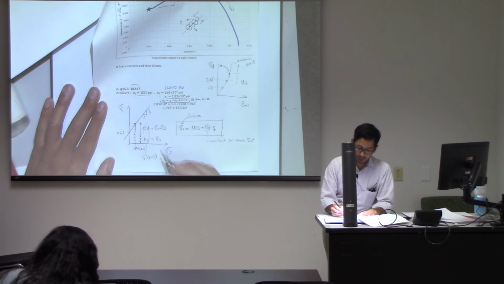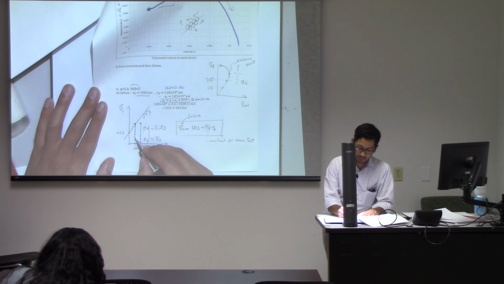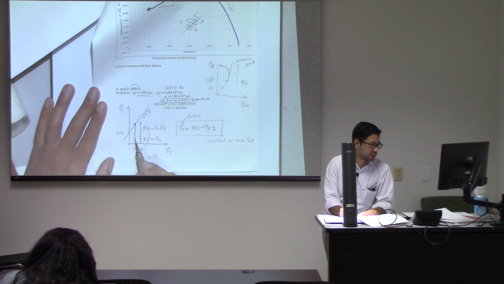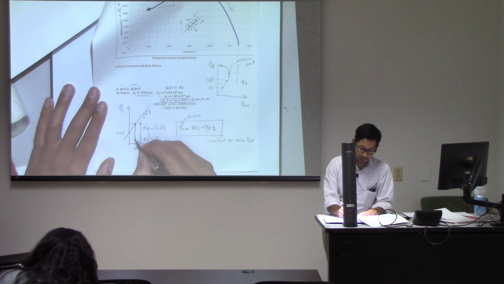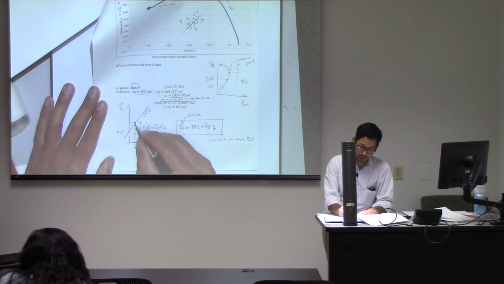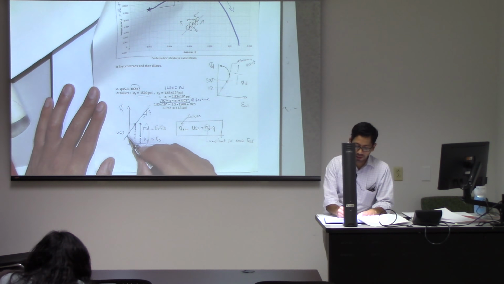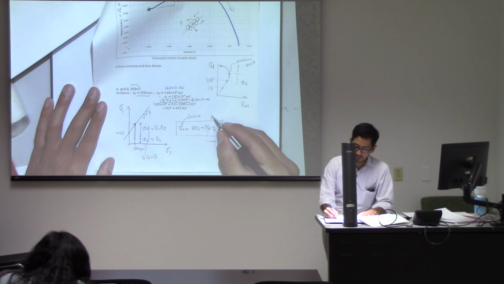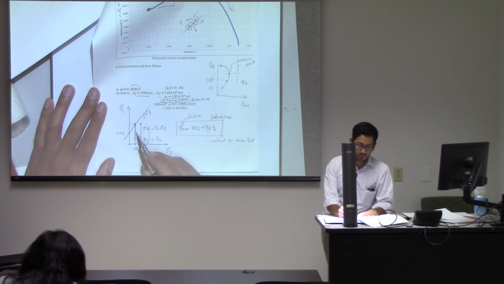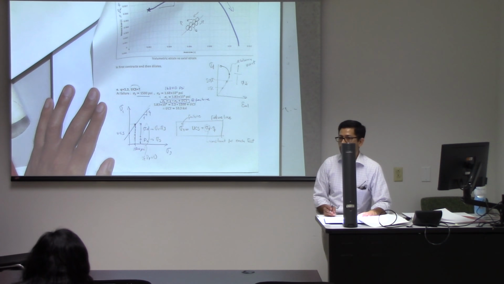Actually, you'll start over there because sigma 1 has to be equal to sigma 3. And you increase till you get to the failure point. That's your failure point. This is the failure line. So it's just an equation for those failure points.